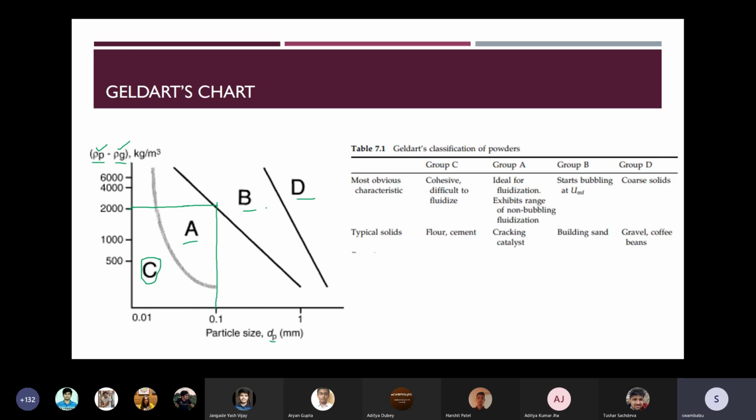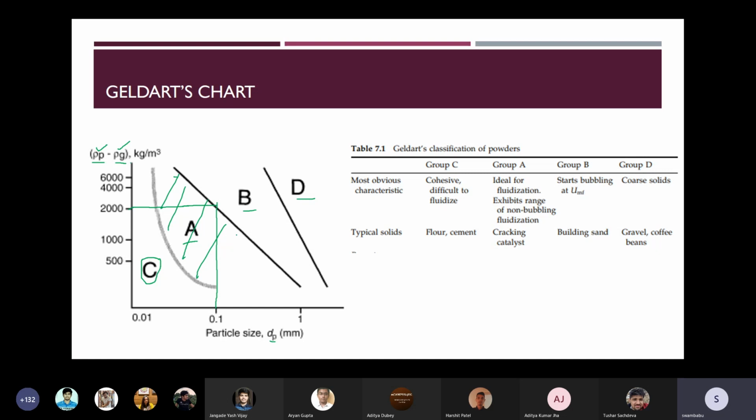Now here, he has given the properties. If it comes under group C, Geldart type C particles, the cohesive forces are very high, hence they are difficult to fluidize. Group A means this zone.